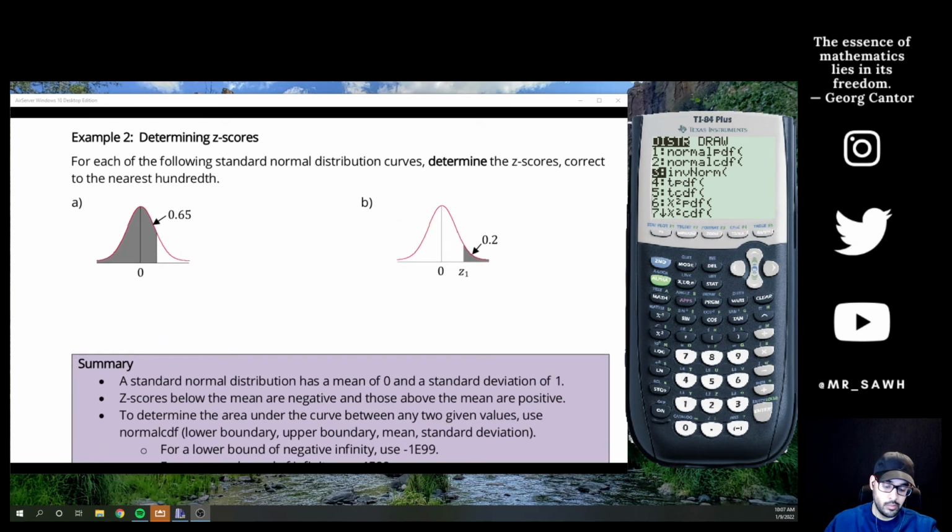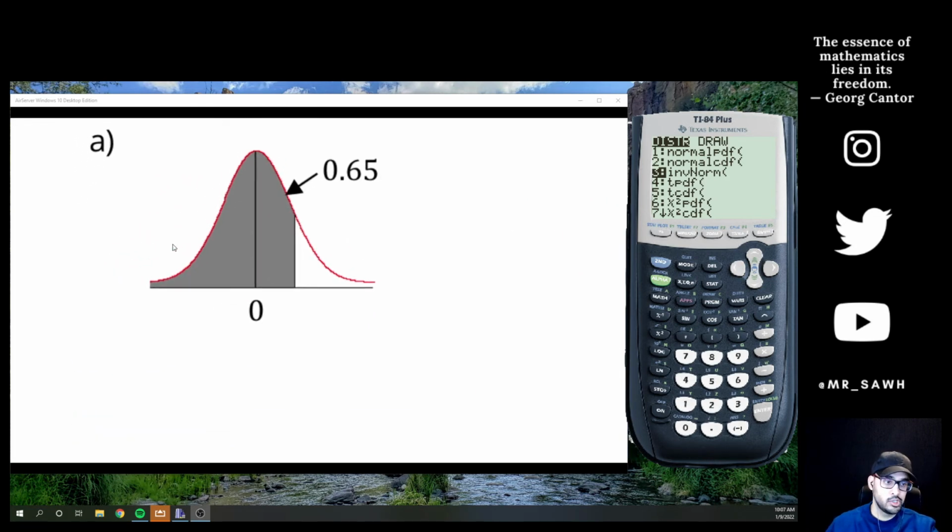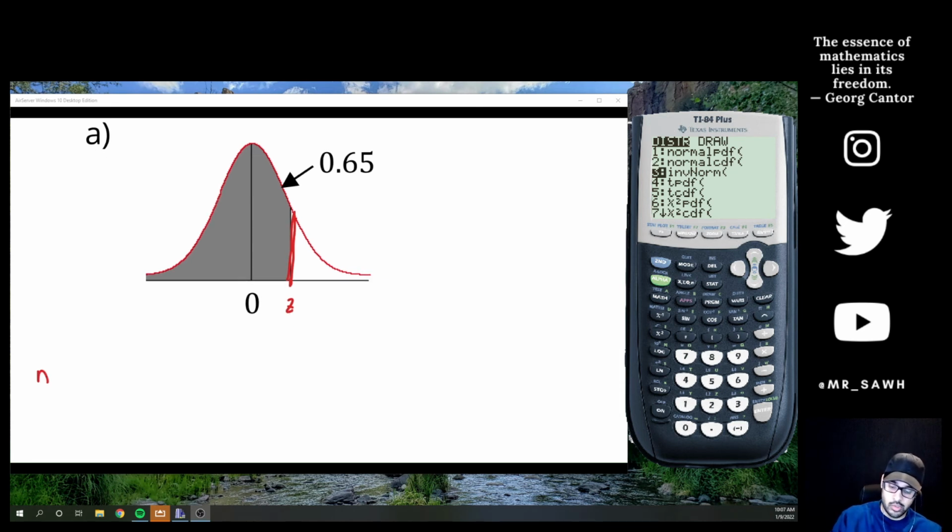So for each of the following curves, determine the z-scores to the nearest hundredth that make it possible. So I've got an area shaded underneath this curve. It's given to me as a decimal, right? 0.65, that's my area. The z-score I'm looking for is the boundary that makes this happen. So here's the z-score that we're trying to find. So in terms of doing this with that inverse normal function, we need 3 values, right?